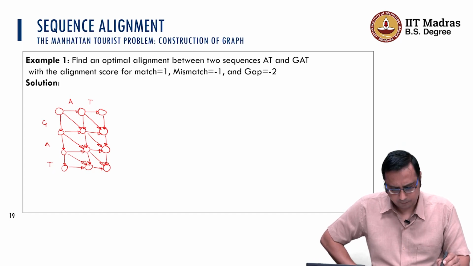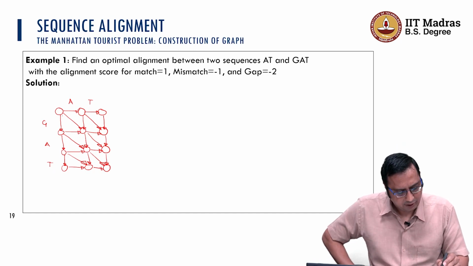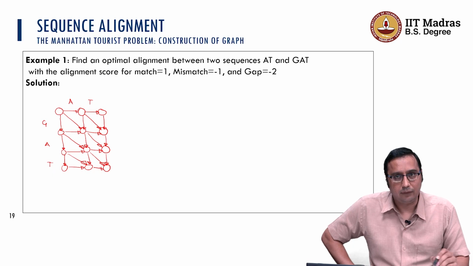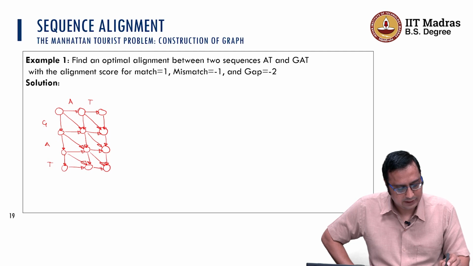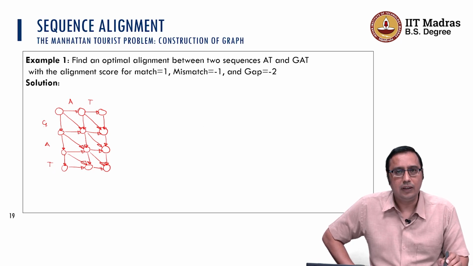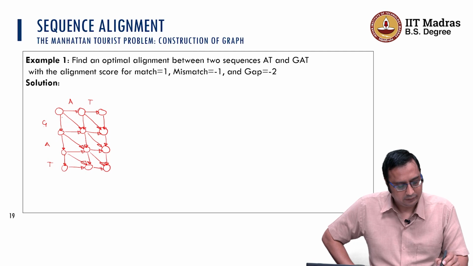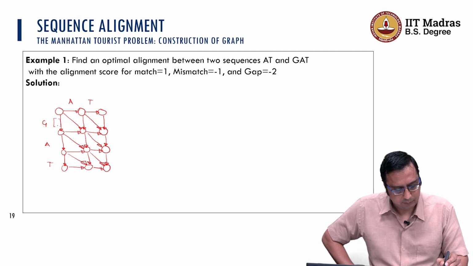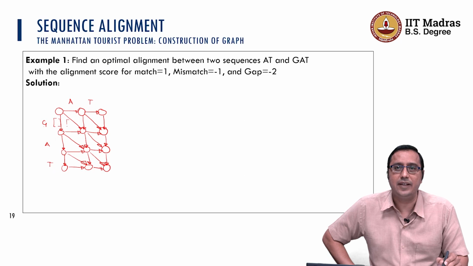So if I travel on this particular graph from this to this direction, and I look at the G and T as my two letters to be aligned, then if I travel this one, I am not at all considering A. So there will be an alignment pair here as a weight.